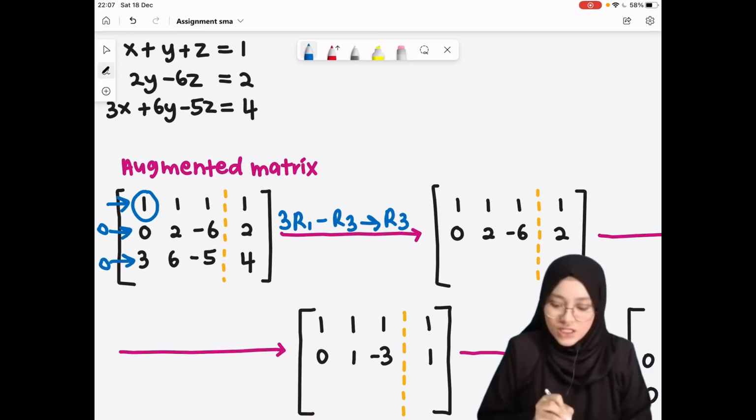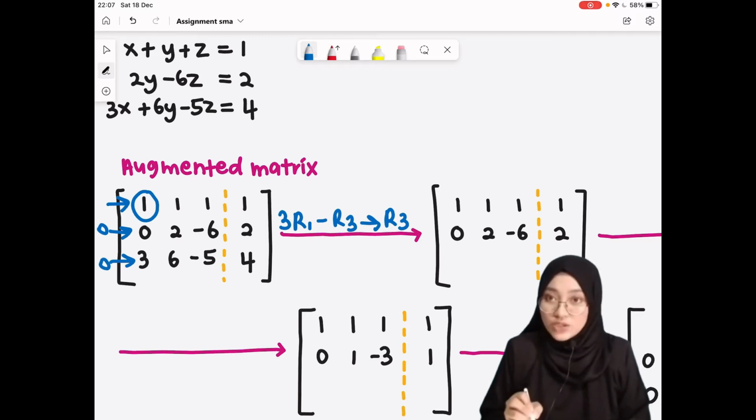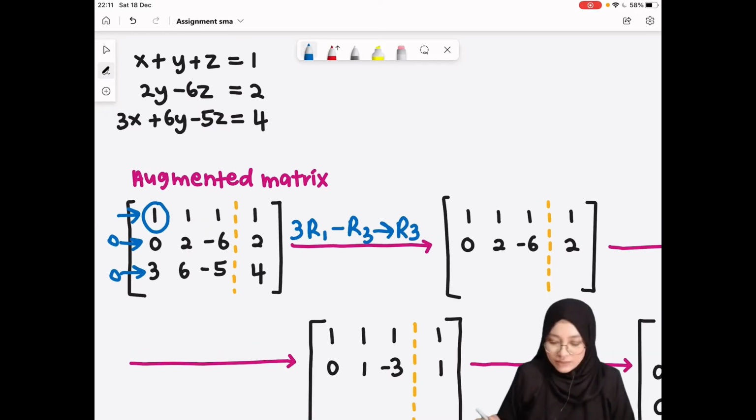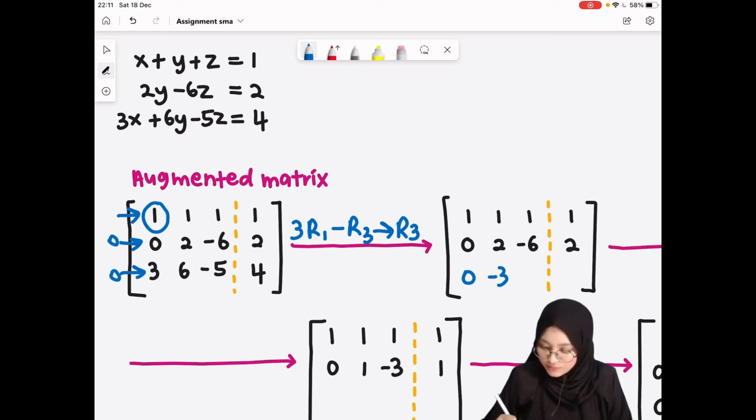This is because we need to make a change in row 3, so we write down the answer in row 3. Since we are not involving row 1 and row 2, we can just copy back the numbers from row 1 and row 2. We can plug in the numbers: 3 times 1 minus 3, we will get 0. And then 3 times 1 minus 6, we will get negative 3.